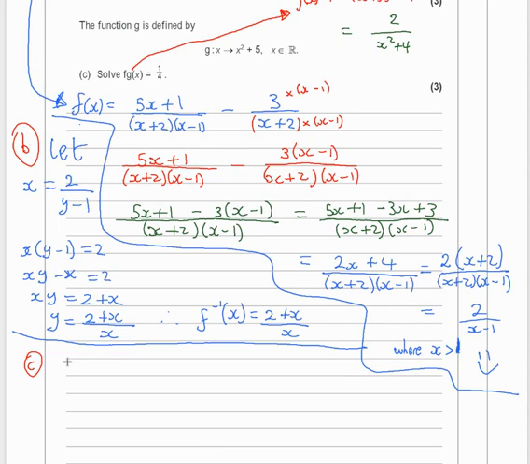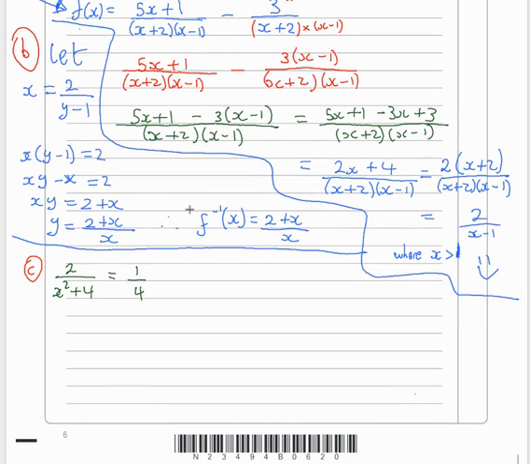So we've got 2 over x squared plus 4 equals a quarter. If I cross multiply, I get 4 times 2, giving you 8, equals x squared plus 4. If I take away 8 from both sides, I get 0 equals x squared minus 4. Factorizing gives me x minus 2, x plus 2.